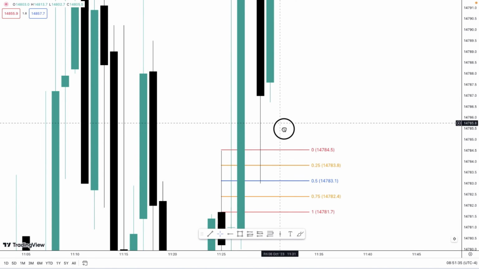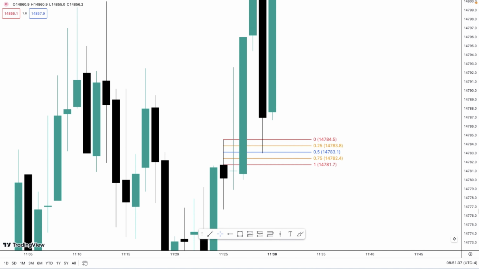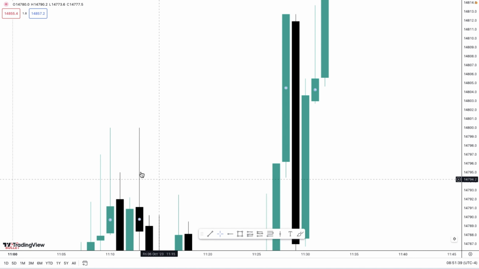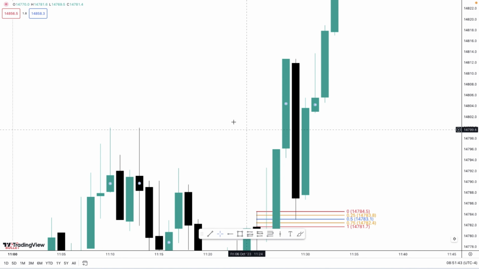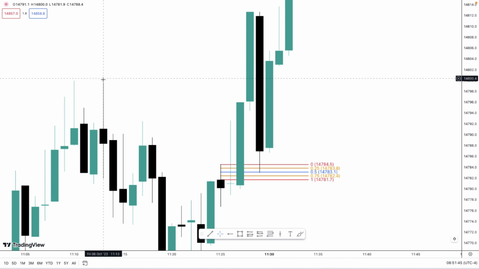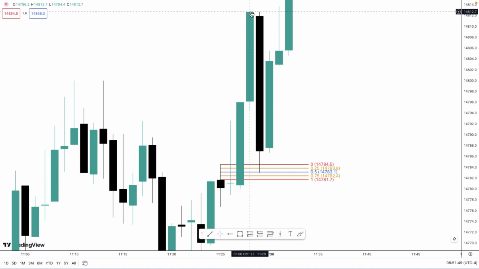So when price is trading to a discount, like for example, above this high is premium. So, basic discount and premium. Above this high is premium. So when price is trading up here, the algorithm is trading at premium. So the algorithm will identify that and it will seek discount.